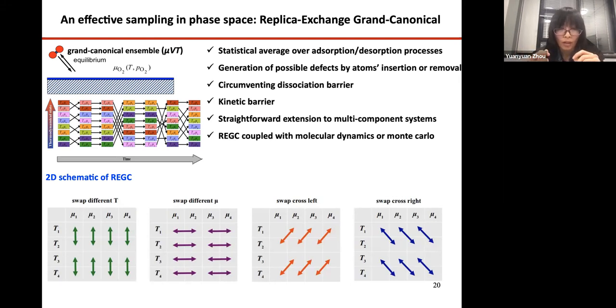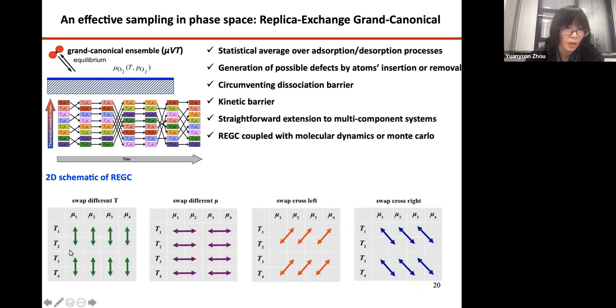And also, the replica exchange is performed in a collective way, which means that in any swap type, for example, you just swap between different temperatures but the chemical potential is the same, or you swap between different chemical potentials but the temperature is the same, or you swap across diagonally, to the left or the right, where the temperature and the chemical potential are both different.